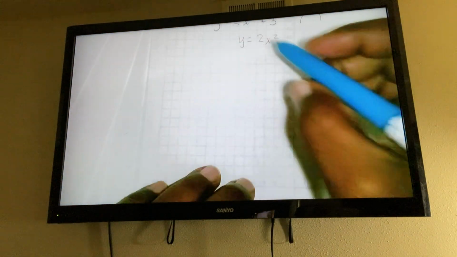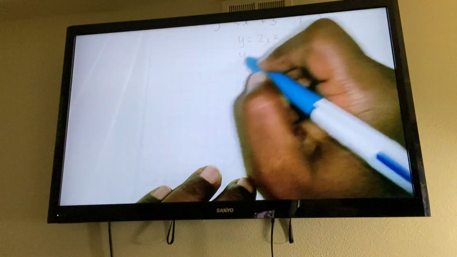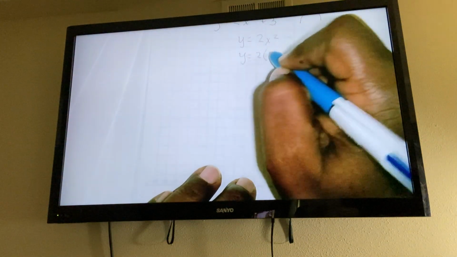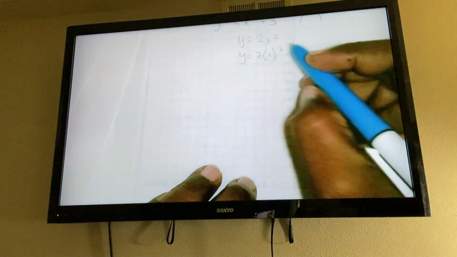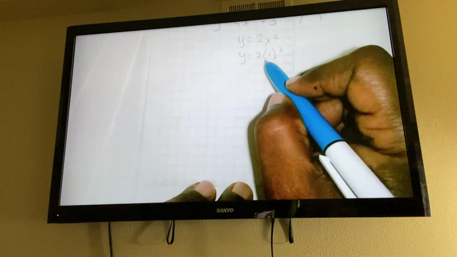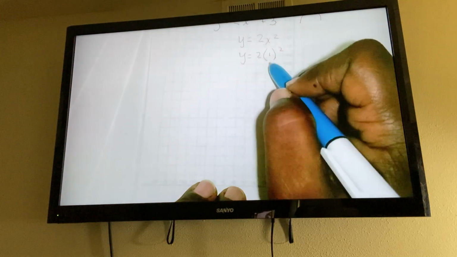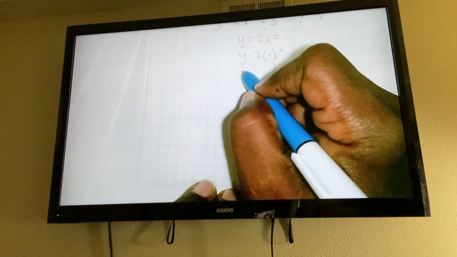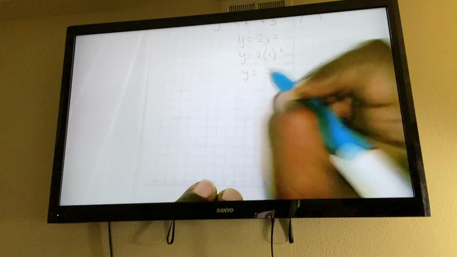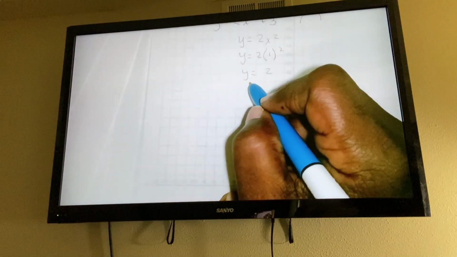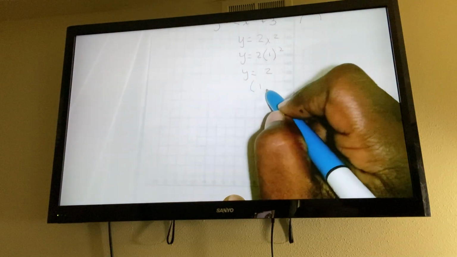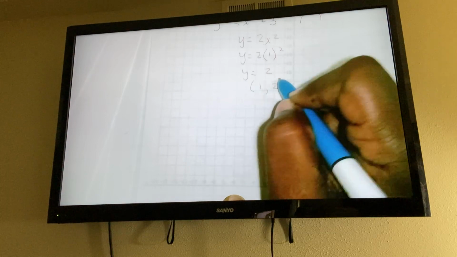And we wanted to find out what it would be when x equaled 1. Well, when x equals 1, we solve 2 times 1 squared, the same as 2 times 1, so y equals 2. So we're looking for the graph with the point 1, 2.